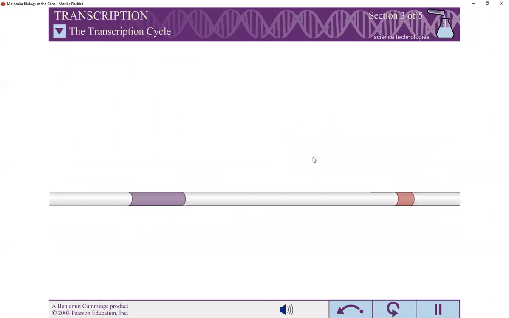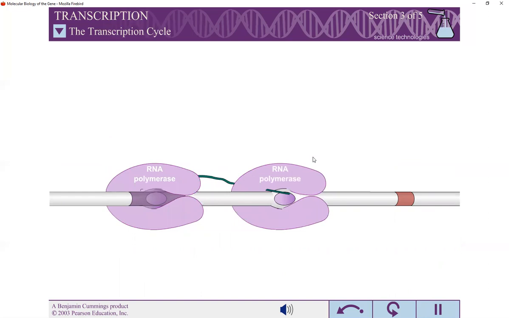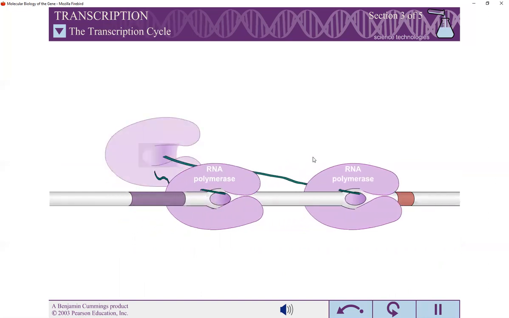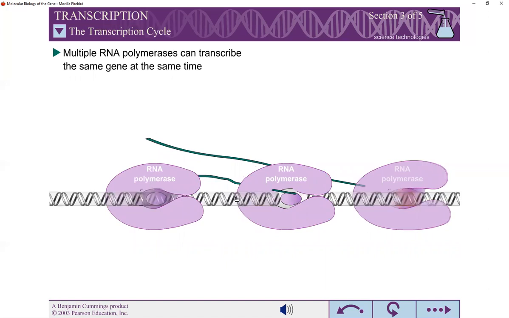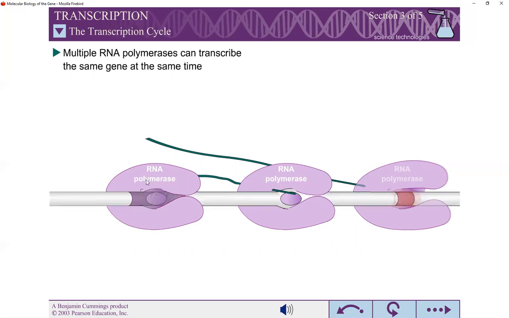Since RNA polymerase dissociates the RNA transcript from the DNA as it is transcribed, multiple RNA polymerases can transcribe the same gene at the same time. This process is referred to as RNA polymerase cycling.